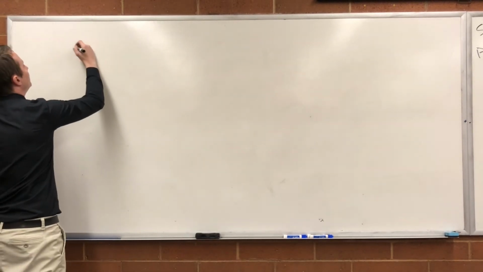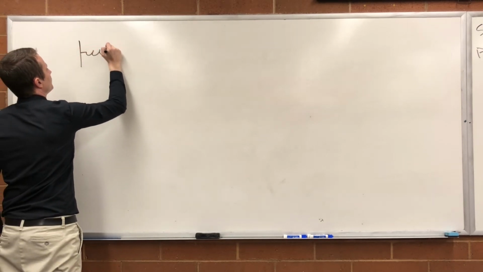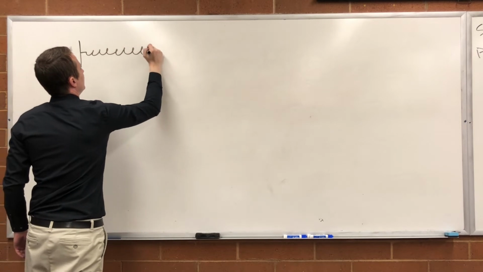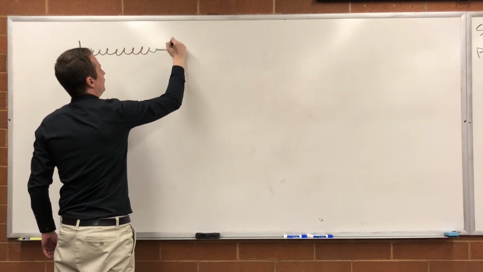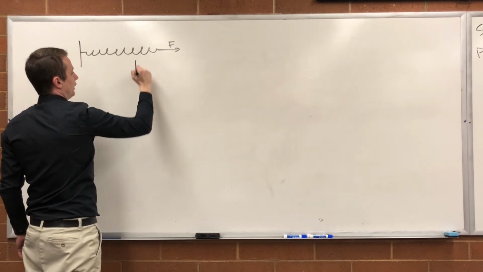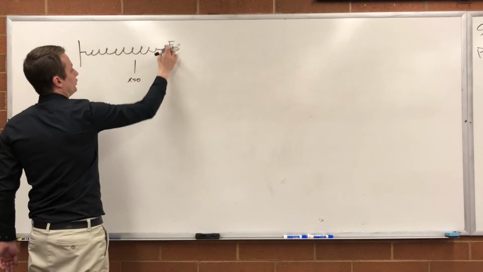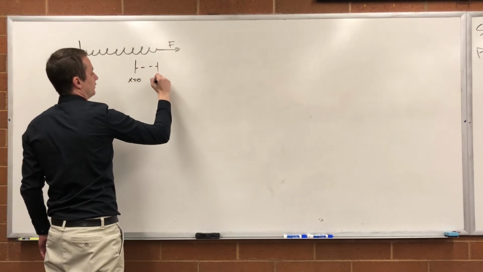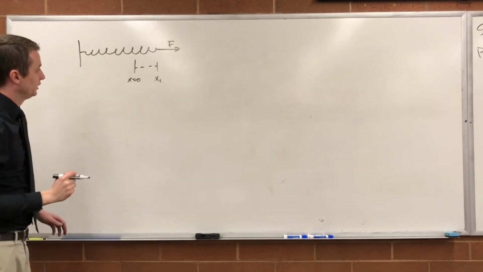So if I've got a wall right here, some spring sticking out of the wall, and we're pulling on it this way with some force F. Let's say the spring, when we're not exerting a force on it, is naturally right here. So we'll call this x equal to 0. We're pulling the spring out some distance, so it's now at some position x1. So we've displaced it some delta x.